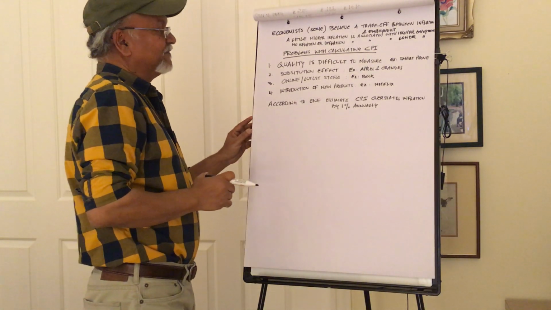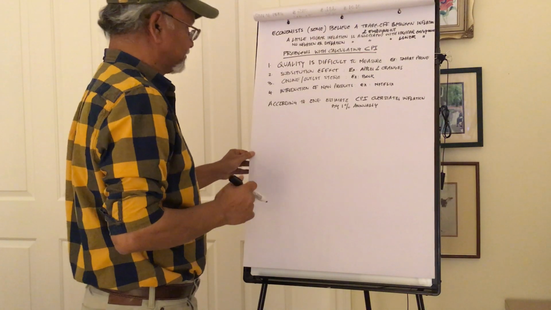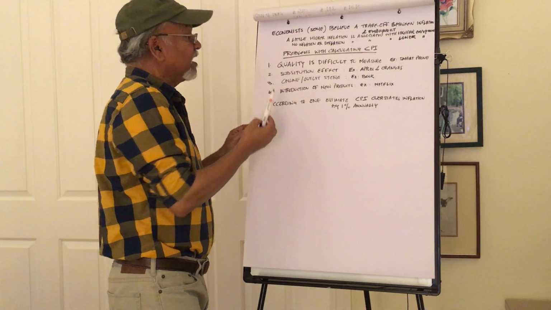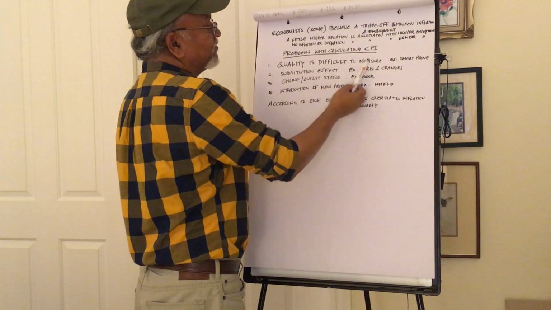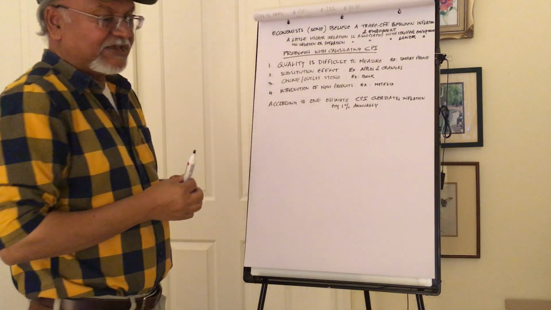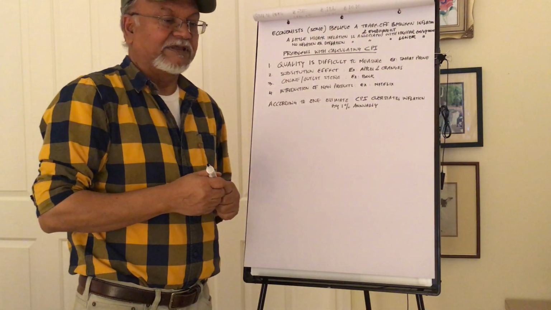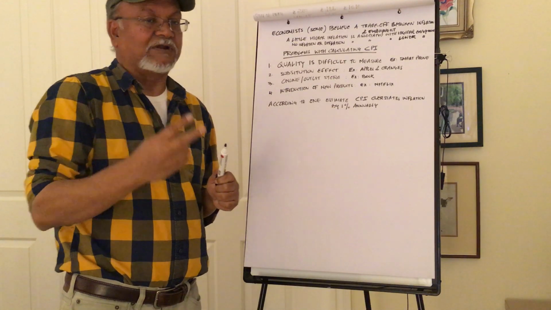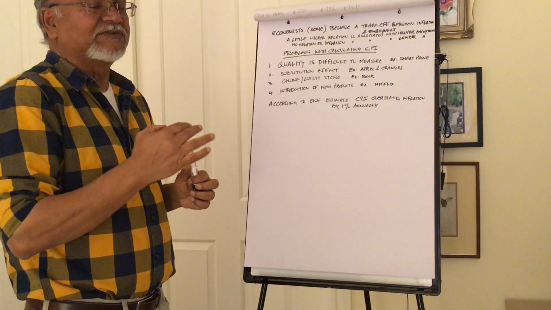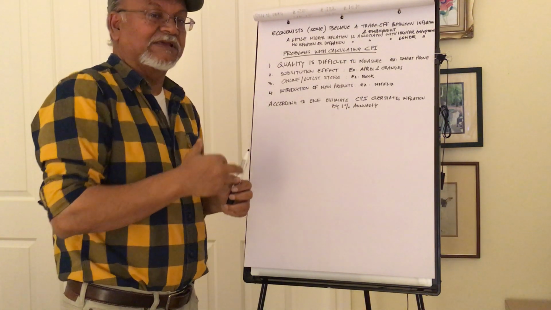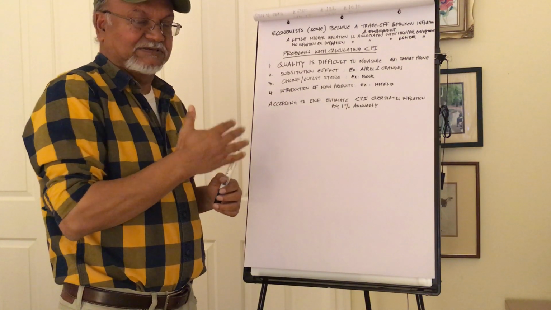And then the other problem with calculating CPI is that quality is very difficult to measure. Let's say you bought a cell phone in 2015, which cost $200. And then in 2020, you bought a phone, and it costs $200 again. So there's no increase in price.